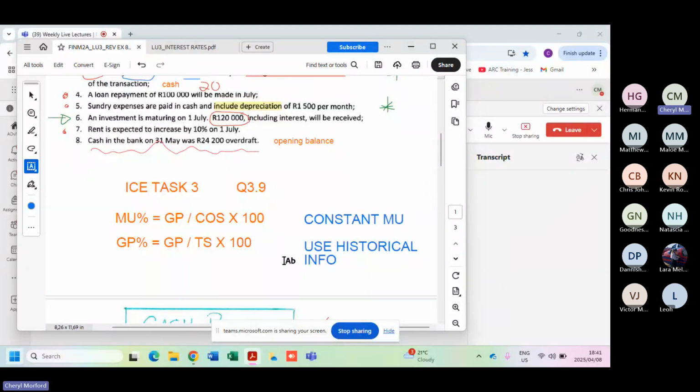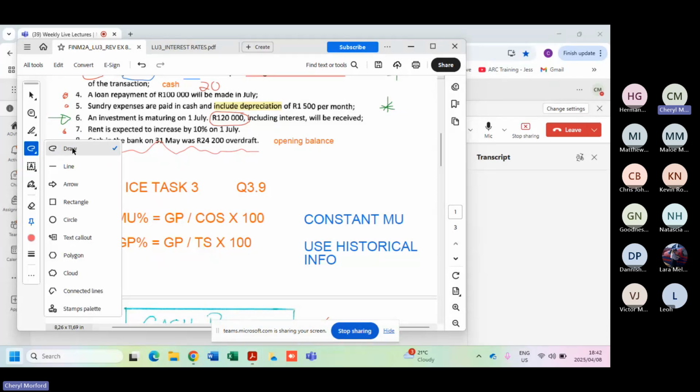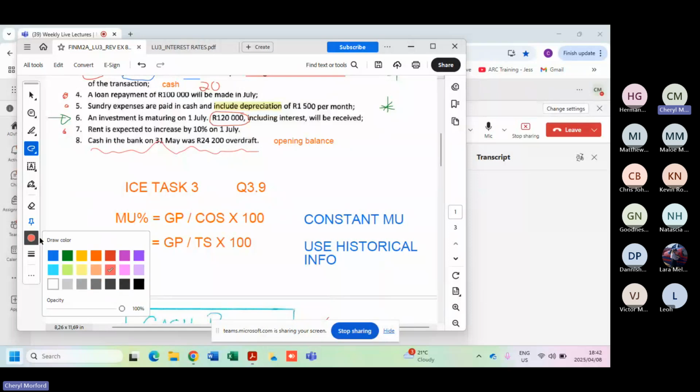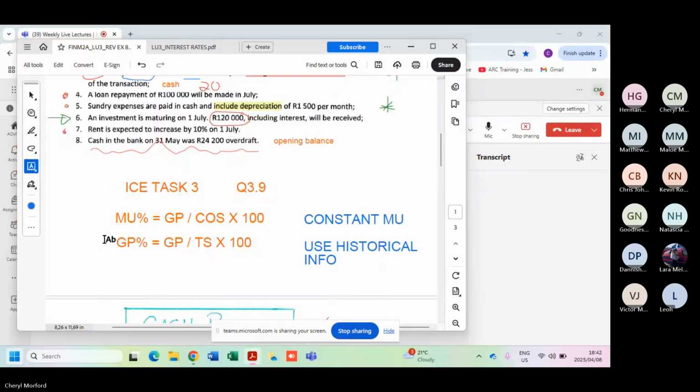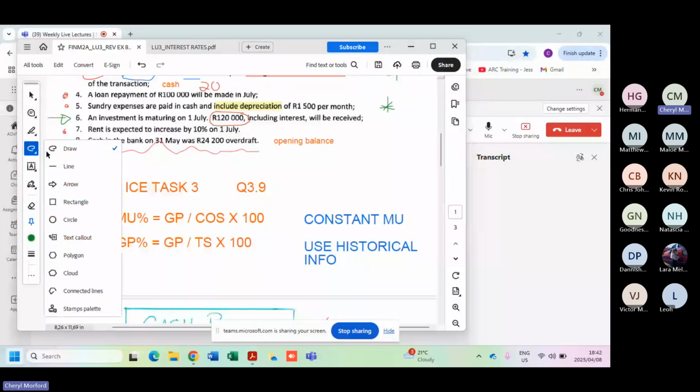So you will look at the bottom of question 3.9 and you will use the older information to calculate the GP percent and the markup percent. I would definitely recommend that you go the route of the GP percent. Leave the markup percent alone, because that could get you in a bit of a pickle.